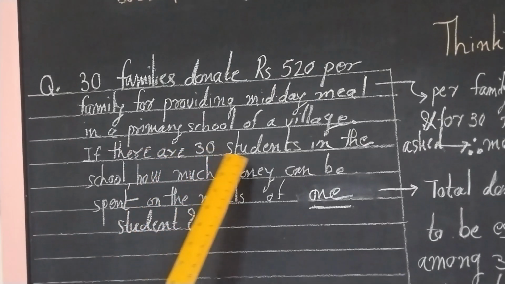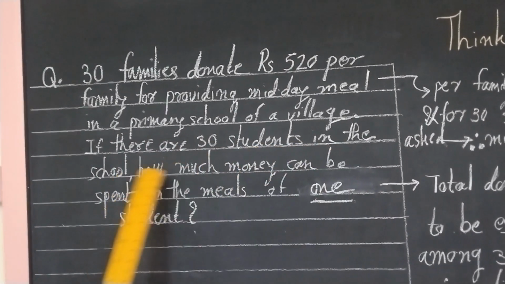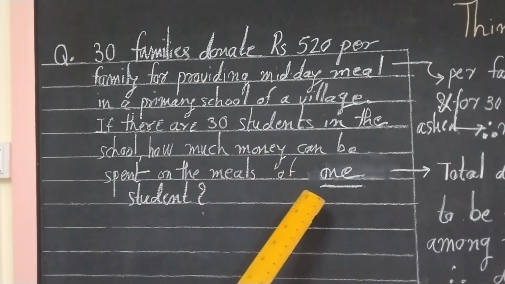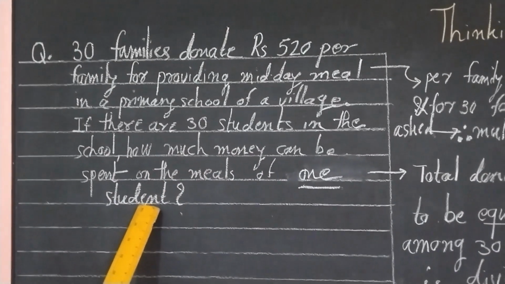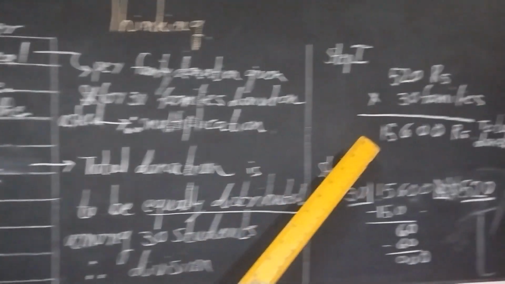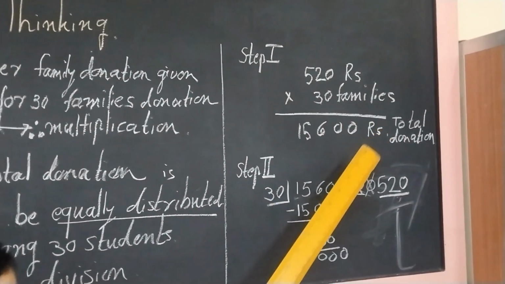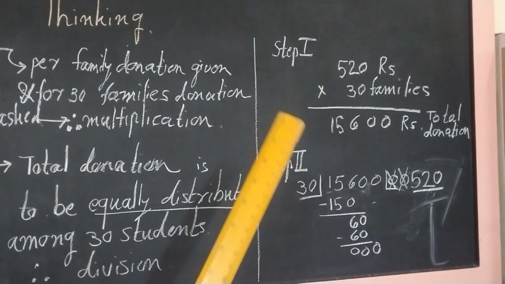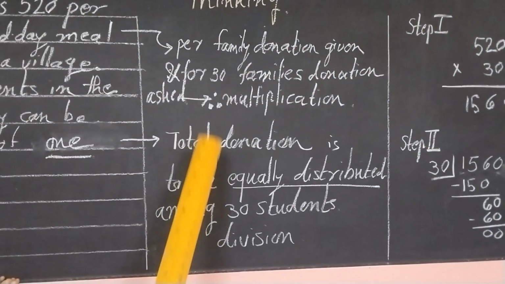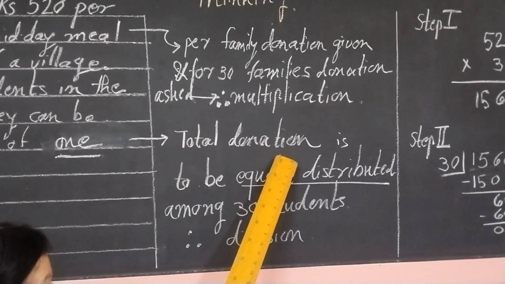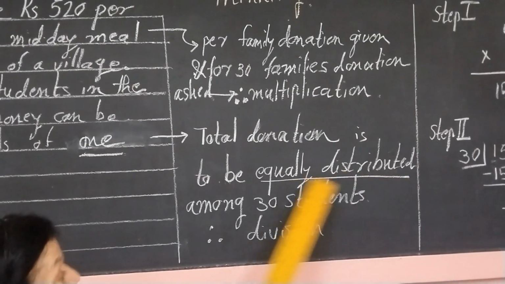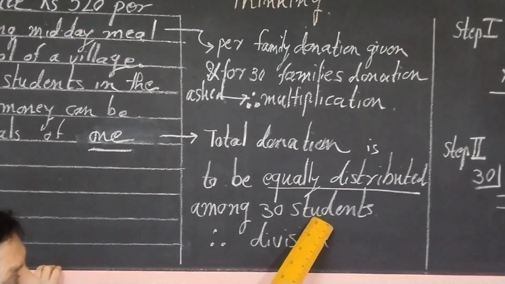Now let us come to the second part of the same example. If there are 30 students in the school, how much money can be spent on the meals of one student? Here, all this total donation has to be spent equally on 30 students, and hence we have written here under thinking, total donation is to be equally distributed among 30 students.